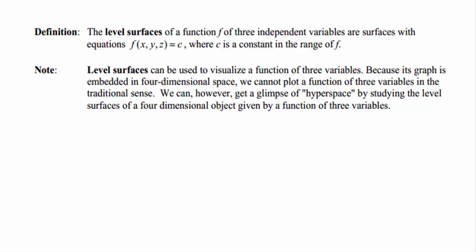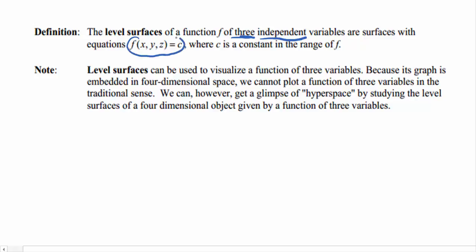But we can at least conceptually think of functions with more than two input variables, right? So what would a level surface be? Well, the level surface of a function of three independent variables are surfaces with equations f of x, y, z equals c.